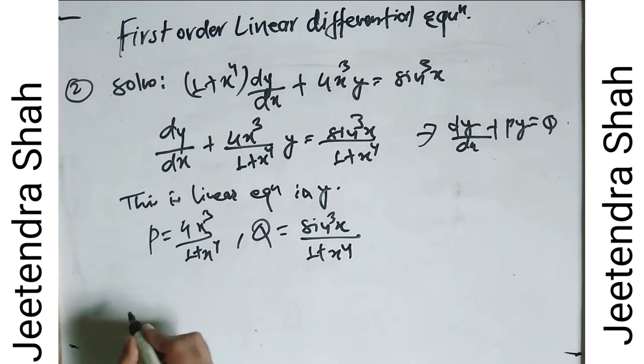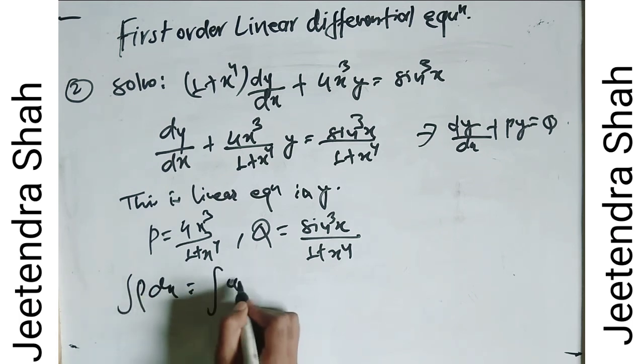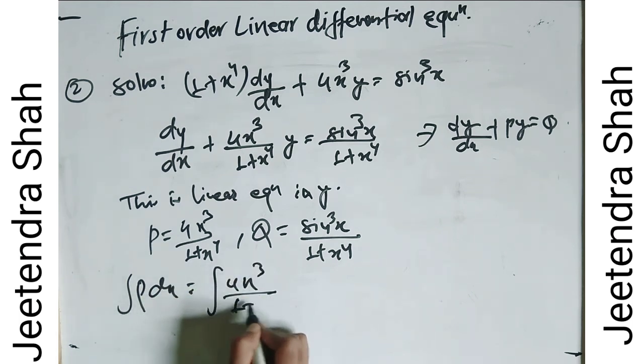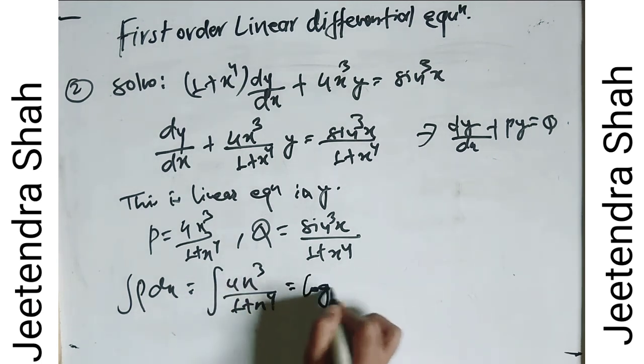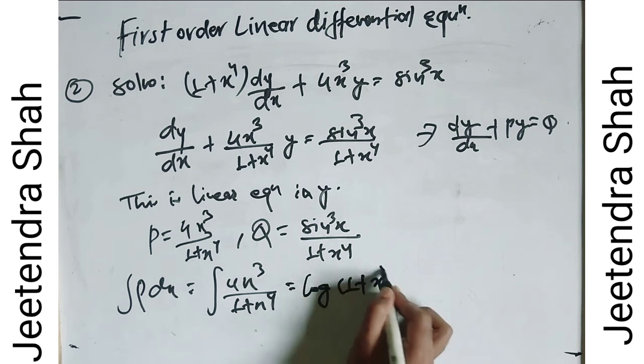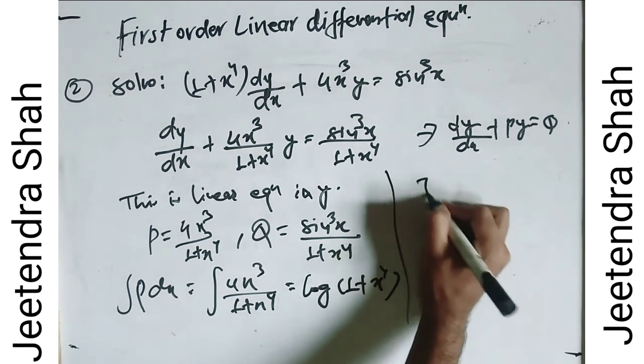Now we'll calculate the integral of P. The integral of P dx is the integral of 4x^3/(1 + x^4). Since in the denominator we have 1 + x^4, if we differentiate it we get the numerator, so we can directly write it as log(1 + x^4). Now we'll calculate the integrating factor.